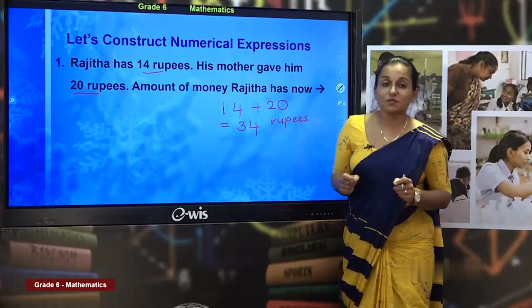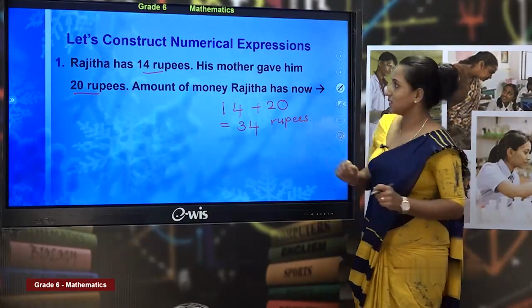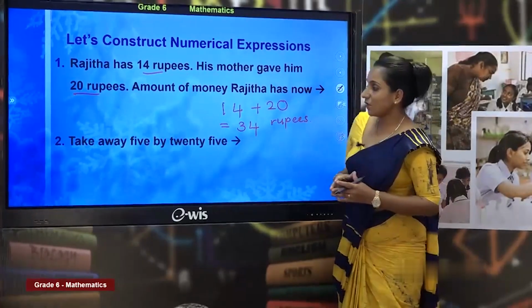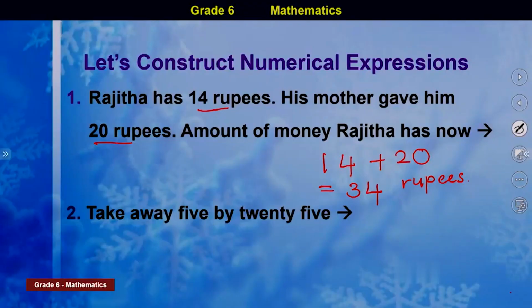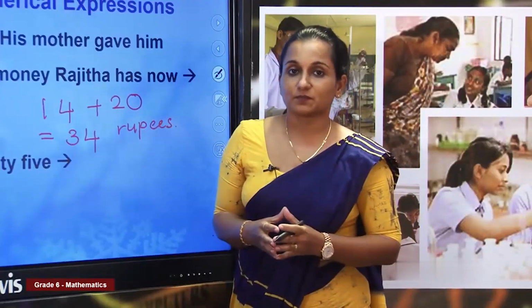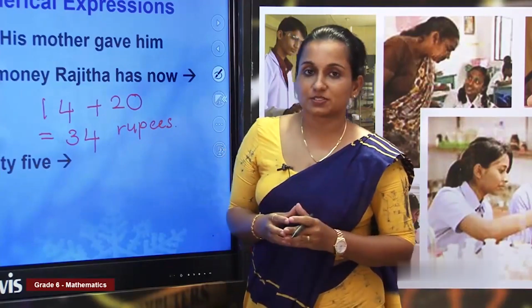Okay, shall we move to another example? Take away 5 from 25. Here you have the words take away. What is the mathematical operation that you can use for take away? It is subtraction.